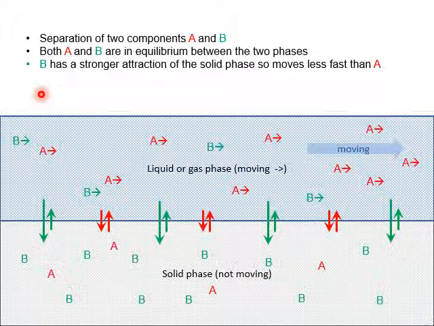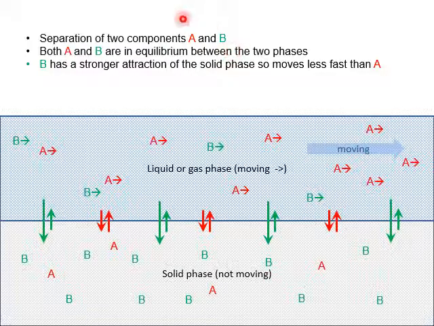This is a basic diagram of chromatography. So let's say you have two components in one mixture, components A and B. Both A and B are in equilibrium between the two phases. This is one phase, and this is another phase.